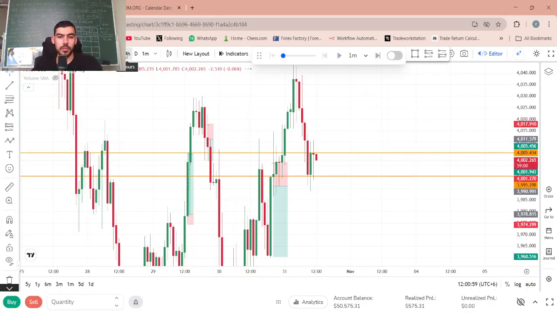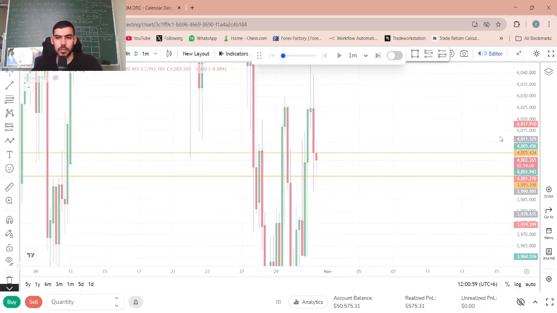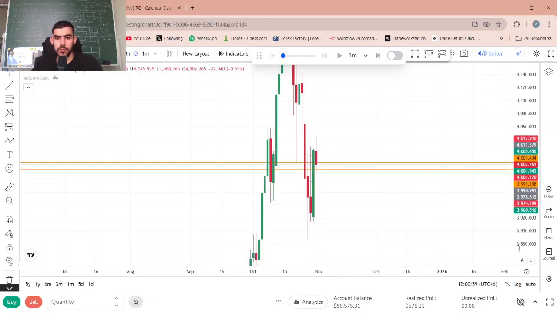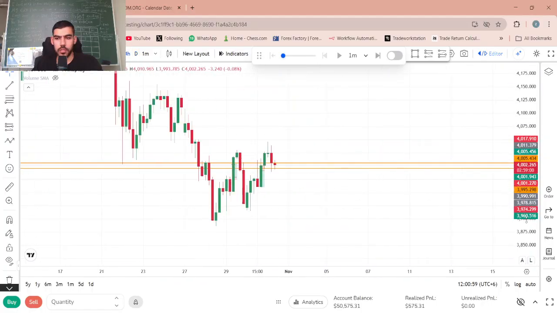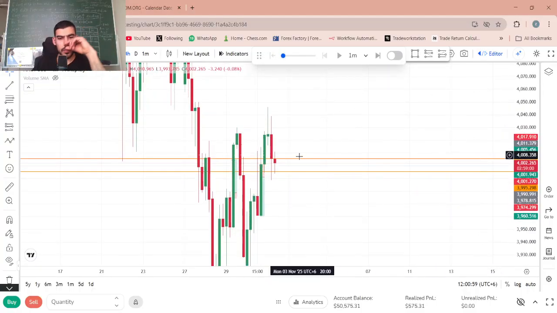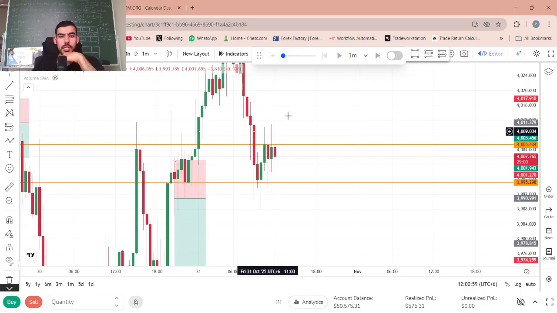So we are still bullish, as I believe. Oh no. Look, the daily is bullish, but our candle closed bearish, and the previous one is also bearish. So we will be looking for sells unless we get a closure above this area right here.